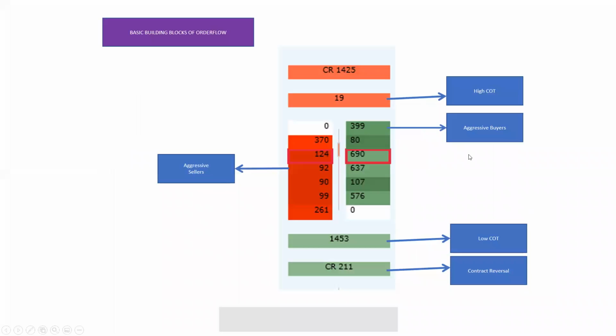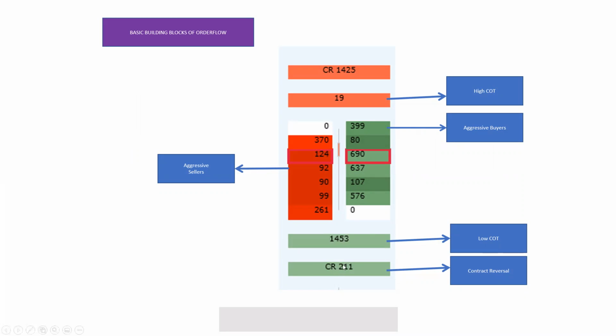So here are the aggressive buyers and aggressive sellers on the left-hand side. There is one more building block here called high COT. It tracks the commitment of the buyers and sellers if it is on the top, and at the bottom we call it lower COT. COT stands for commitment of trades. This tracks the buying pressure and selling pressure in the markets. And there is one more block here called contract reversal.